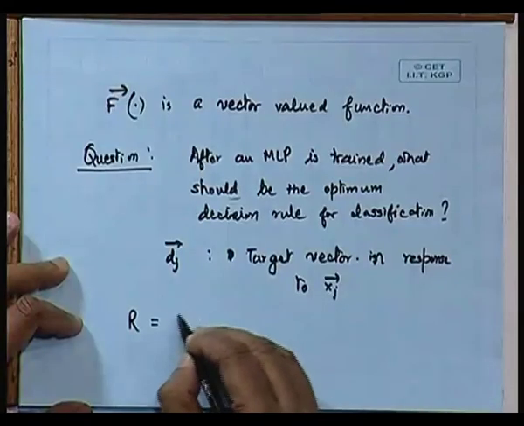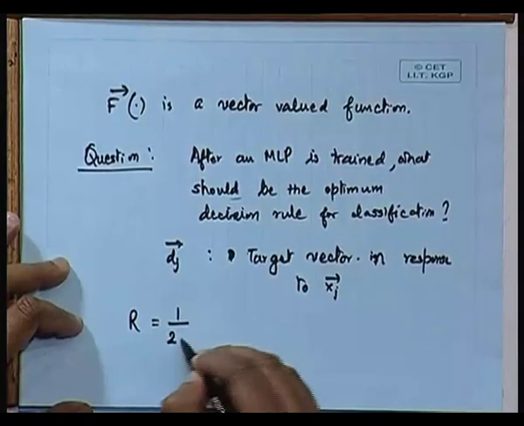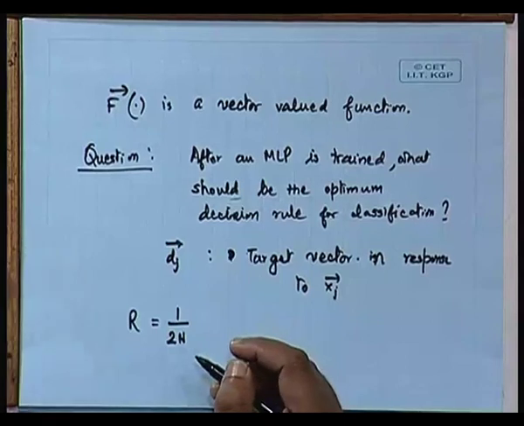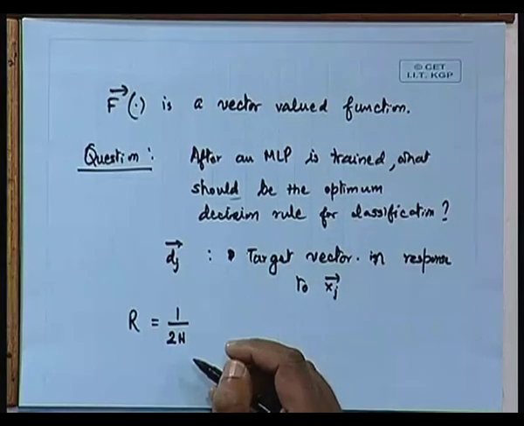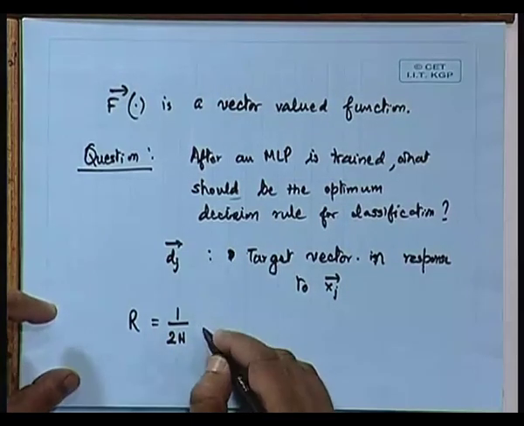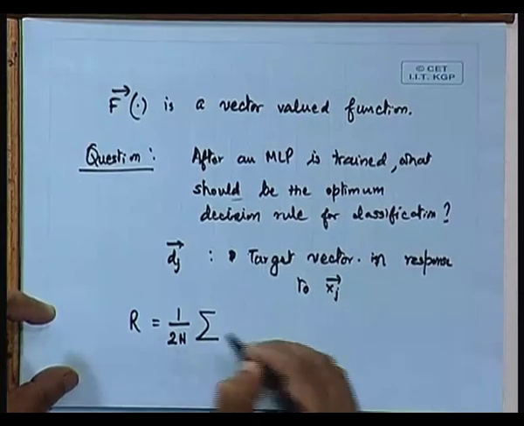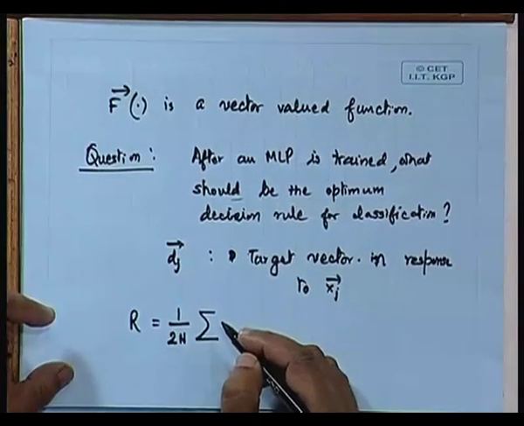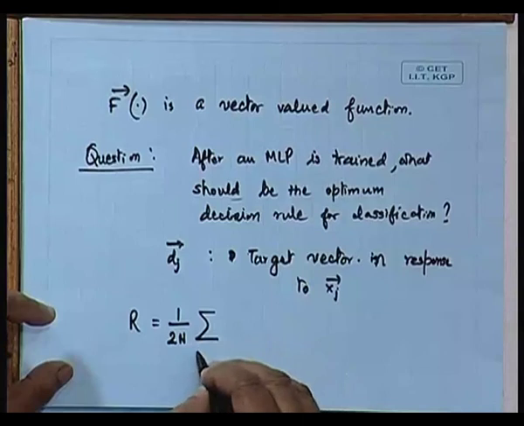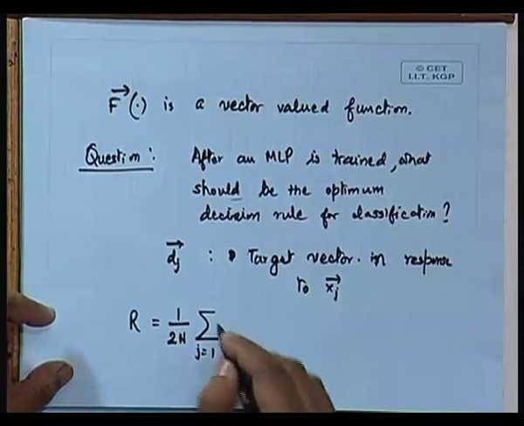So, we can talk about the empirical risk function as 1 upon 2n. In fact, it should have been 1 upon n, but because all the time we are expressing the errors as half of the error squares, for the reasons that we already know, we have this 1 upon 2n, with n as the number of distinct patterns with which we are going to train.